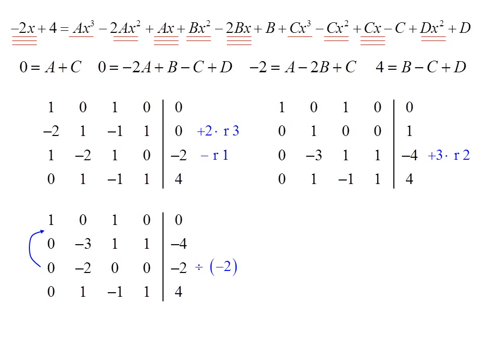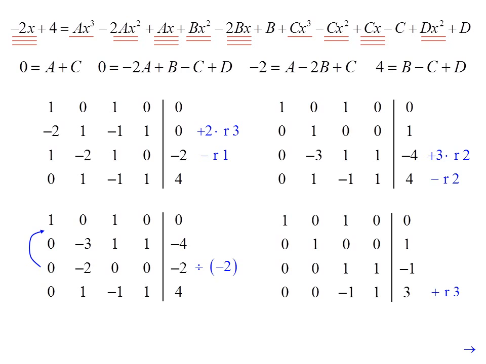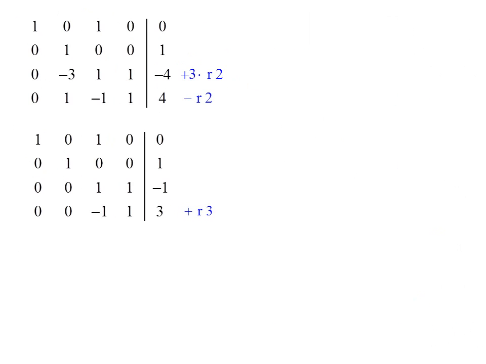Now I add 3 times row 2 here and subtract row 2 there. And finally I add row 3 here. And then divide the last row by 2.